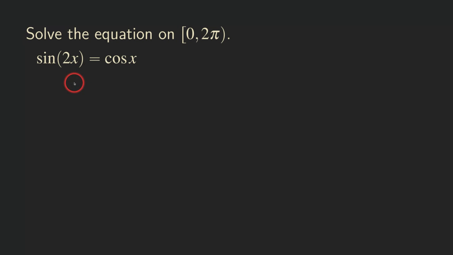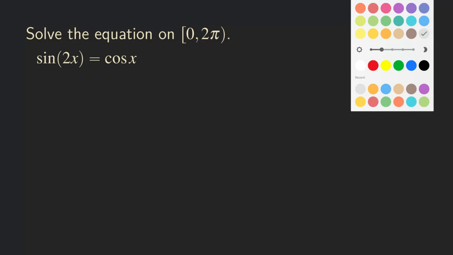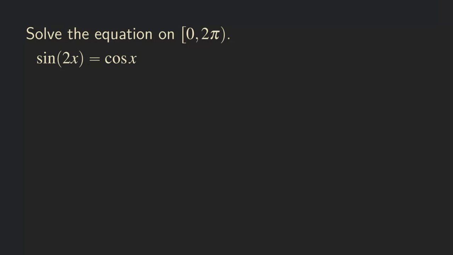And the faster way, of course, would be to use the double angle formula. It's actually easier as long as you remember the formula. And so let's just write it down right now. So the double angle formula would be this one.